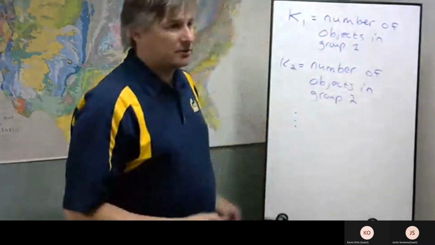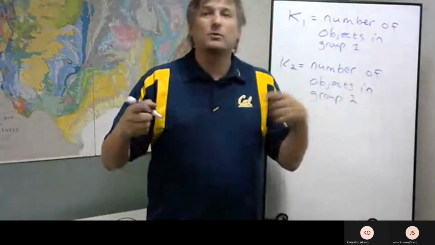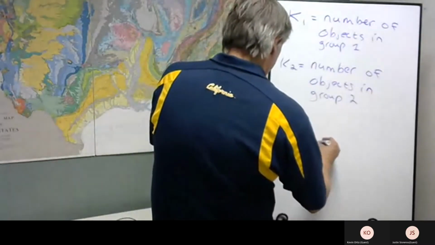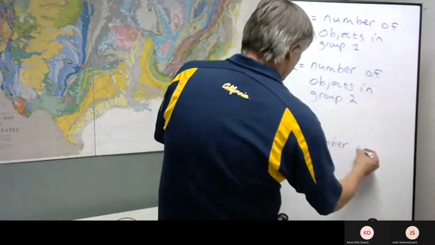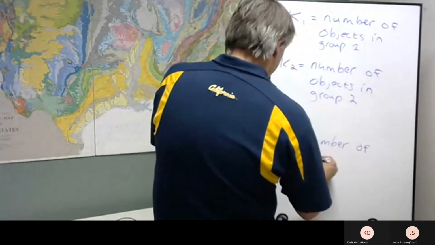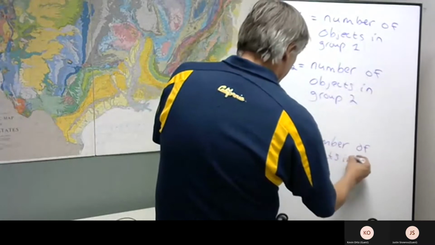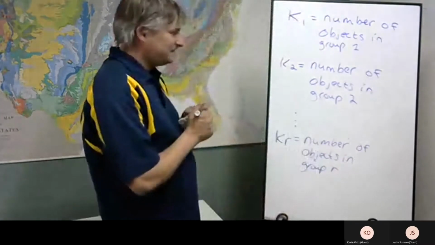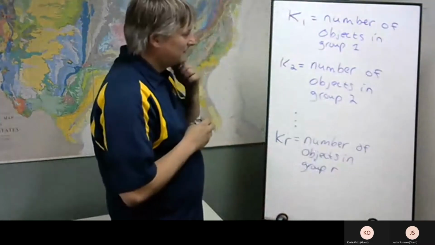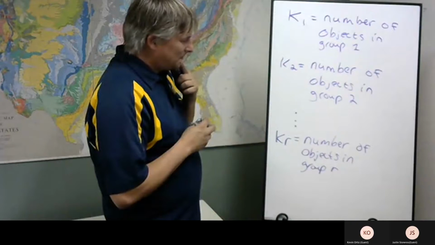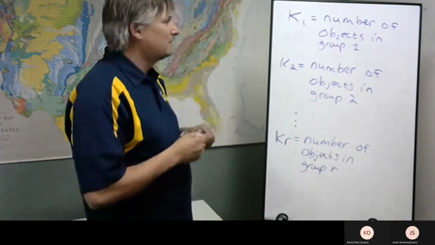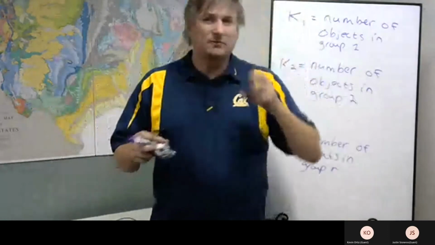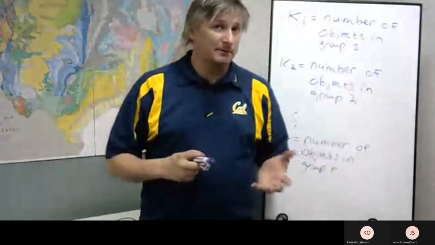Remember, we have group 1, group 2, group 3, until we get to group R. So KR is the number of objects in group R. The one thing we want to make an observation about, if we take all the objects in all these groups and we add up the populations of each group, they should add up to the total population.